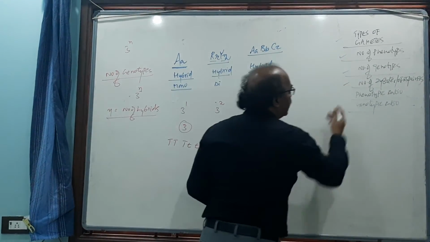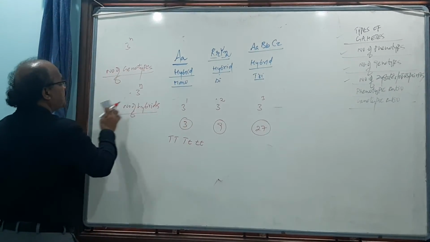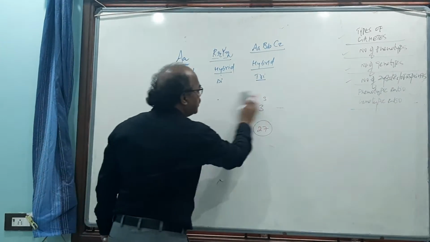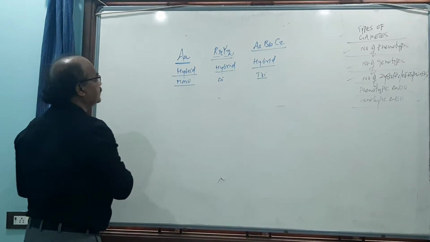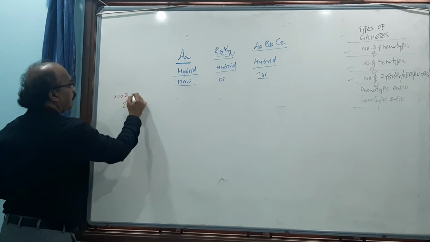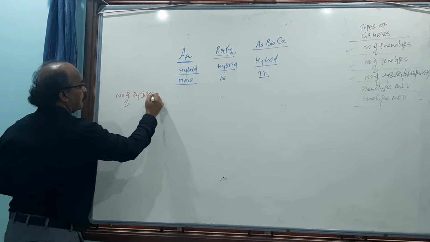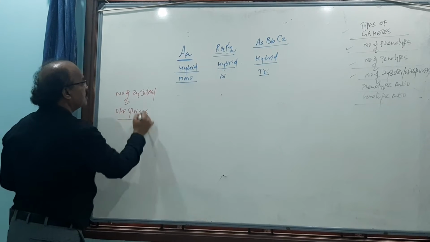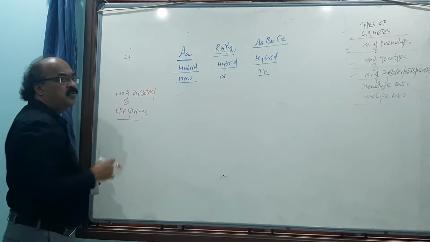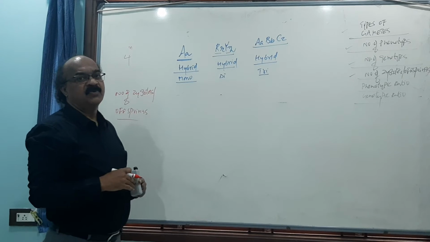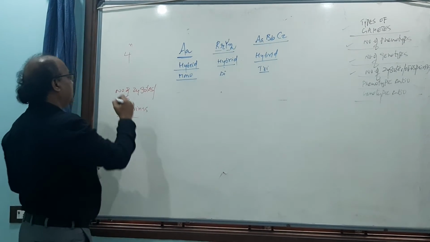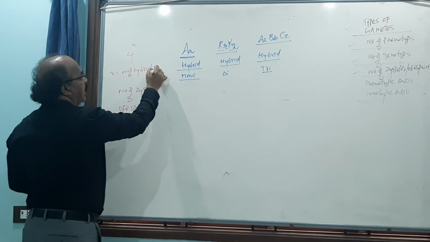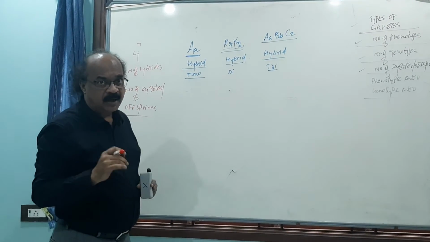Next, the number of zygotes or offsprings. The simple formula is 4 raised to n, where n is equal to the number of hybrids.